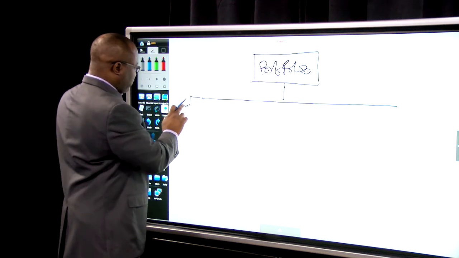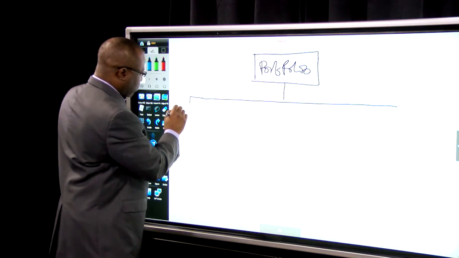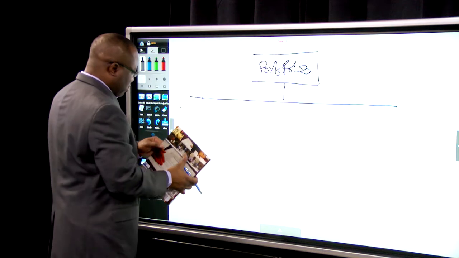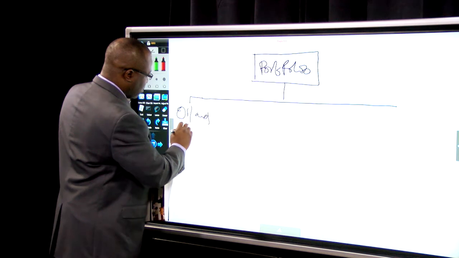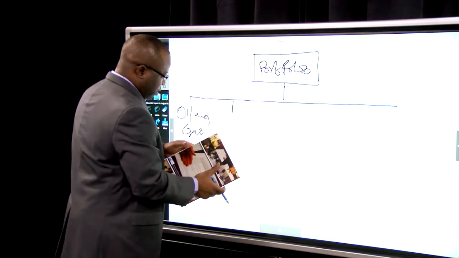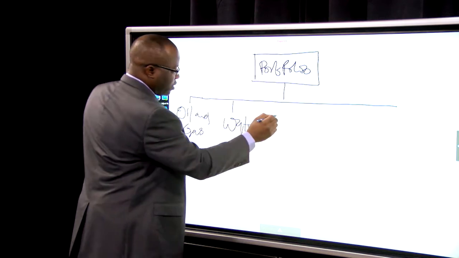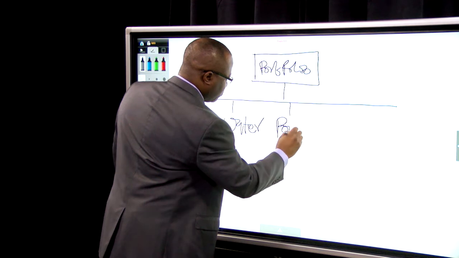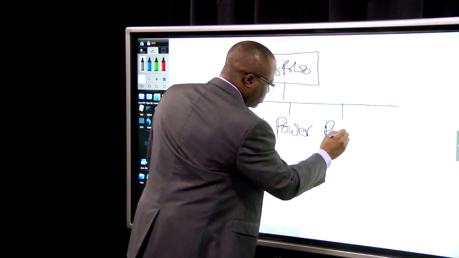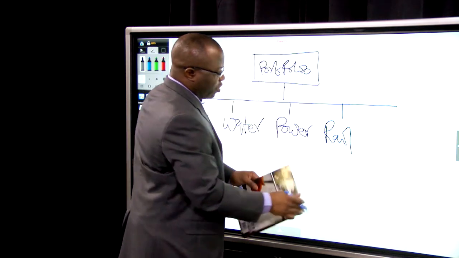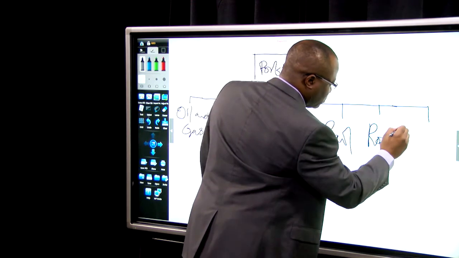Now, taking a look at this firm, it has a portfolio of projects in various industries. Oil and gas is the first one. The second is water. The third is power. The next is rail. And then we've got roads and real estate.